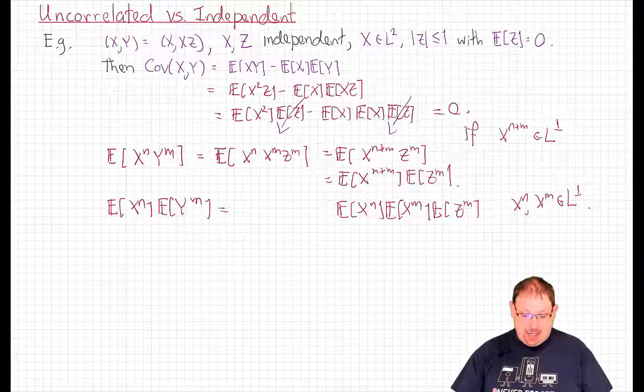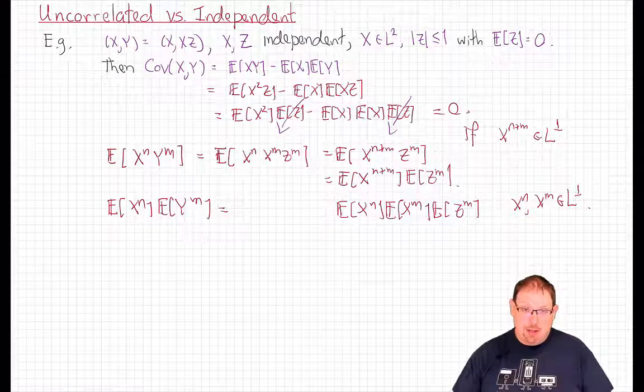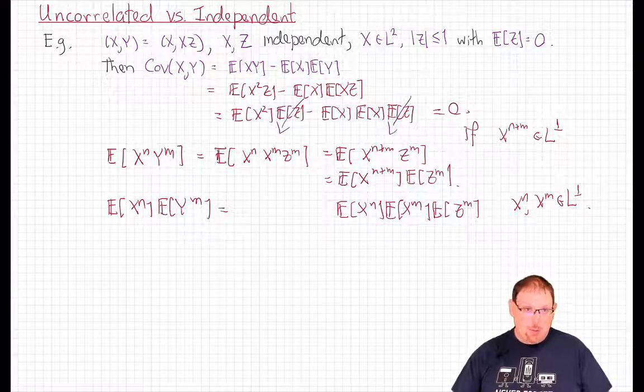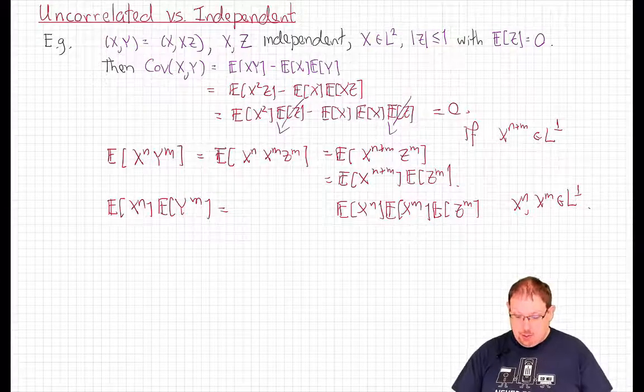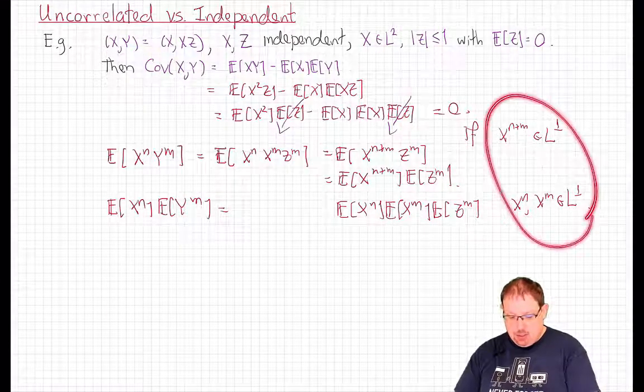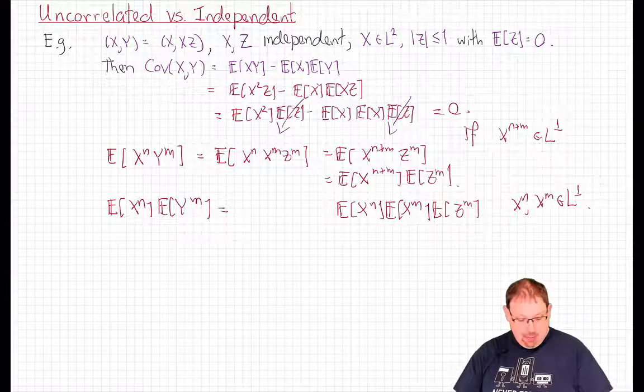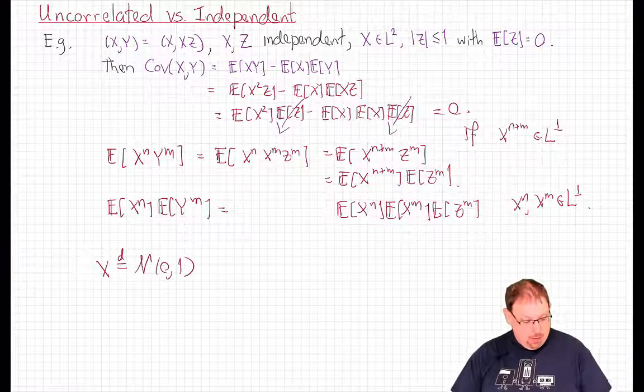That sort of looks like x being independent from itself, which, as we've noted, really only holds when x is a constant. In fact, we can show that this doesn't work in lots of situations. We just need to make sure these conditions are met, and we can do that by, for example, taking x to be a standard normal random variable.